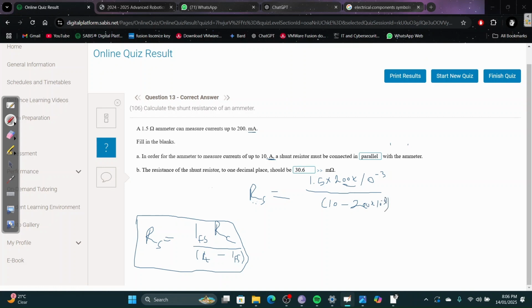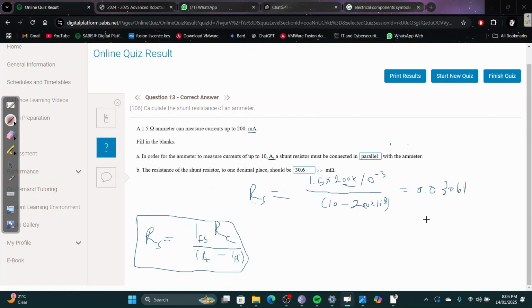Okay. Now what we're going to do, we're going to work this on our calculator. So my calculator is here with me. 1.5 times 200 times 10 to the power of negative 3 over 10 minus 200 times 10 to the power of negative 3. This will give you 0.03061. Let's just stop here.